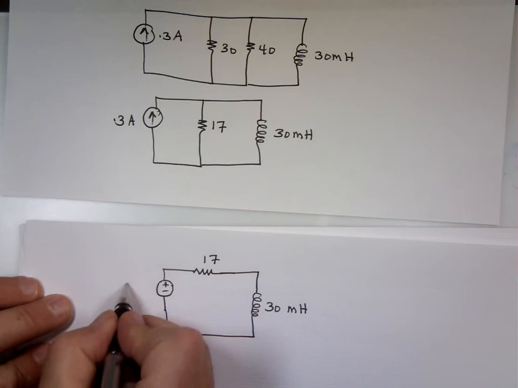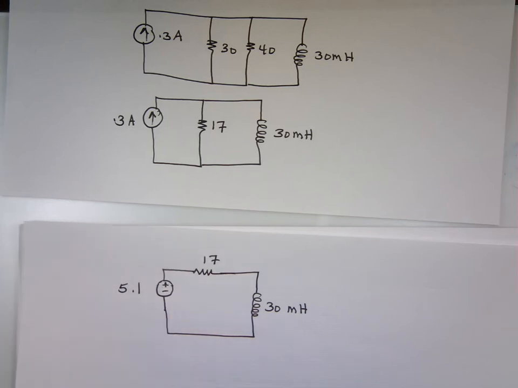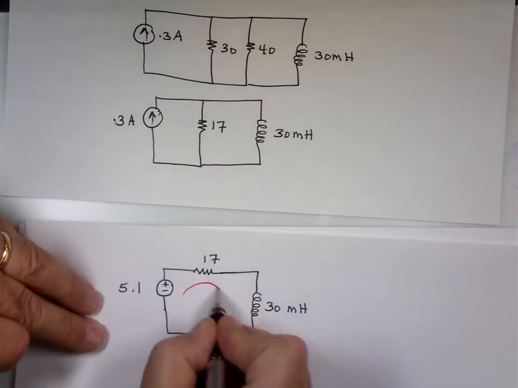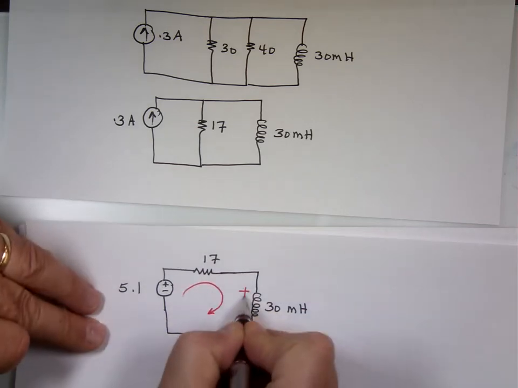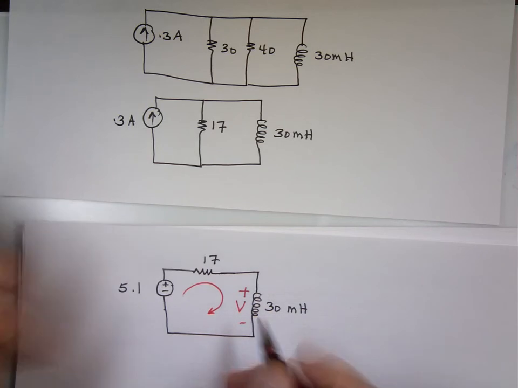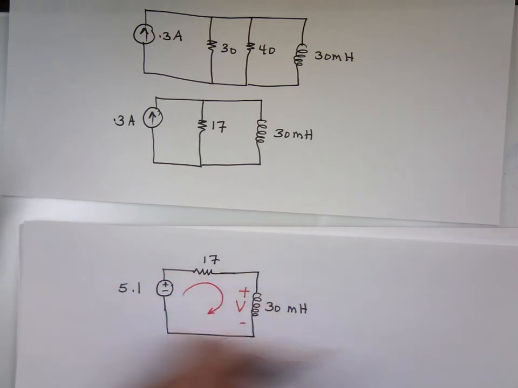5.1 V equals I times R, Ohm's law. And now I can do a mesh equation here. And this is my voltage. The current going through that is the same current going through the inductor. So the sum of the voltages in a closed loop is 0. What do we have?